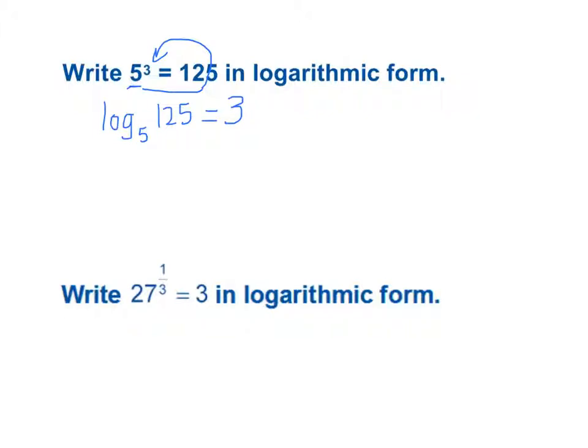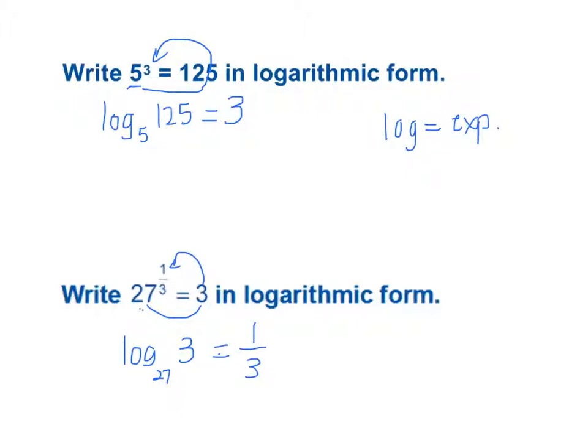Start with the base, go to the value, and remember that a log is equal to an exponent. That will help you. All right, so on here we have the base. So log to the base 27 of 3 is equal to the exponent, which is 1/3. And that's how that works.